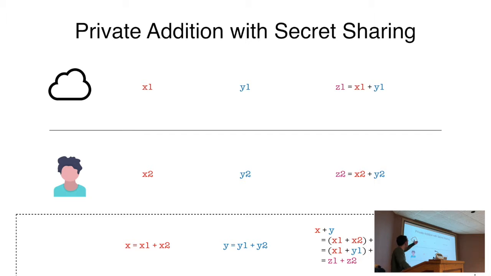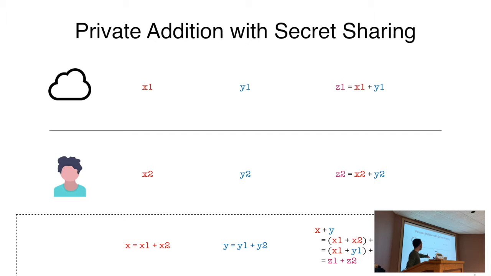is actually just by adding up the values on each server. So we take x1 plus y1, and that will give us z1, and then we take x2 plus y2, and that will give us z2. And if you look down on the bottom right, if you wanted to compute x plus y, you could just add those up, and this relies on the fact that addition lets you change the order.